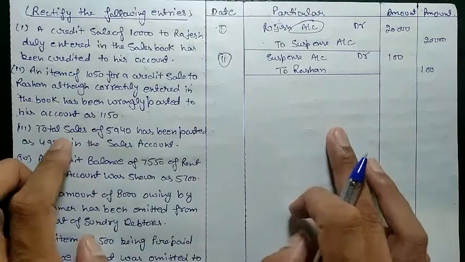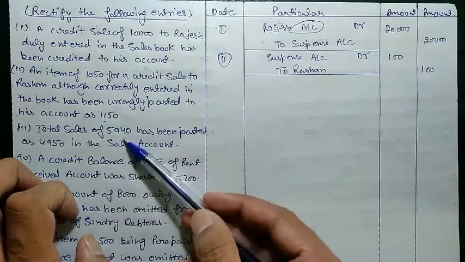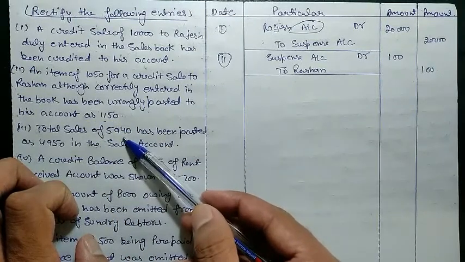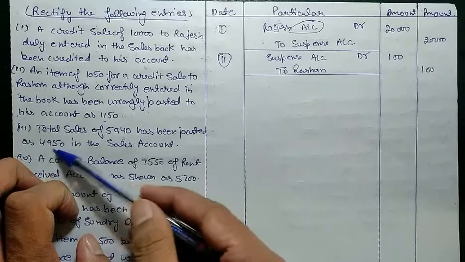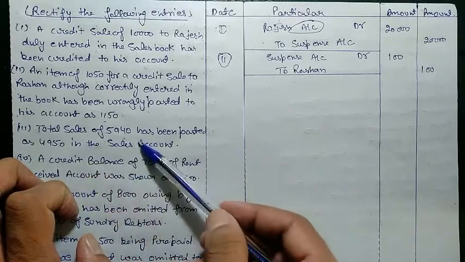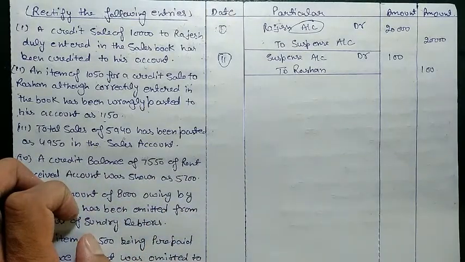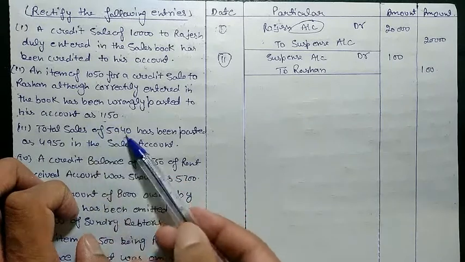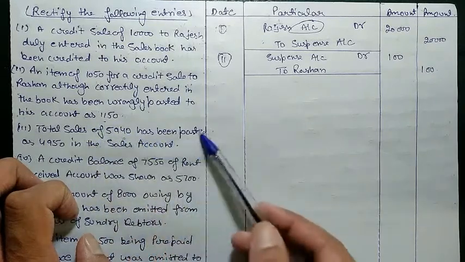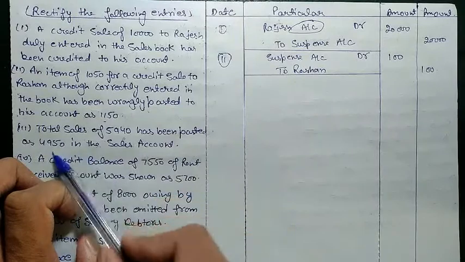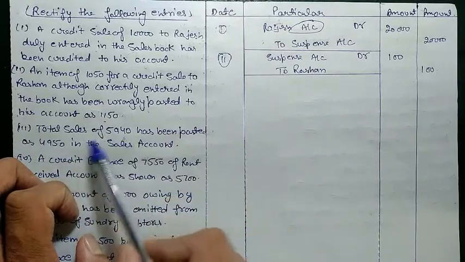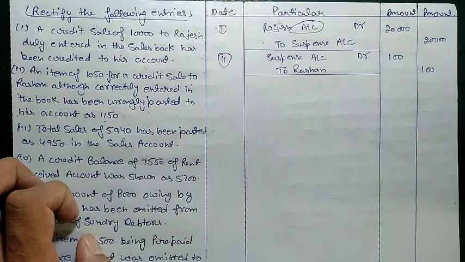Next question we have, total sales of 5940 rupees has been posted as 4950 rupees in sales account. Still the same question. Total of sales is 5940, but we have posted 4950. The difference, that is 990 rupees, we have posted less in the sales account.